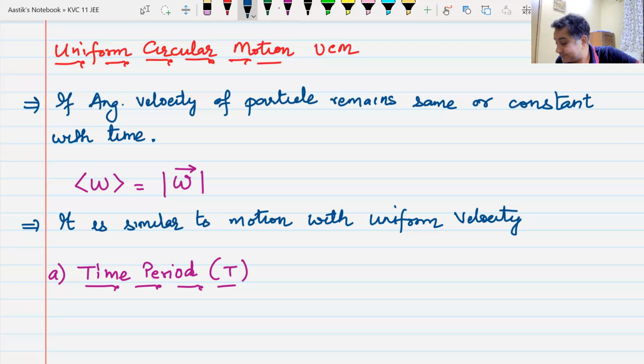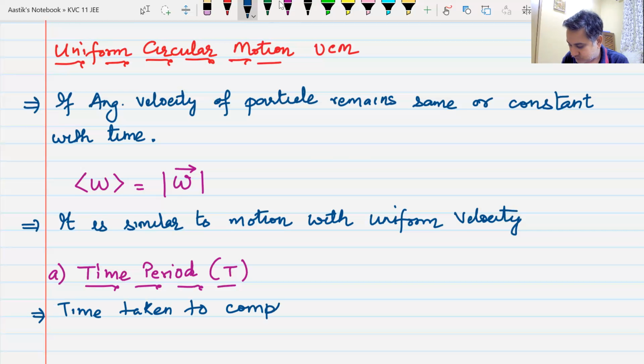If a particle, the body, comes to its initial position. Not a very good way of saying that. The better way of saying the same thing is time taken to complete what?